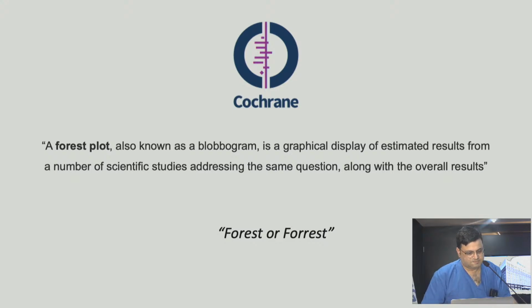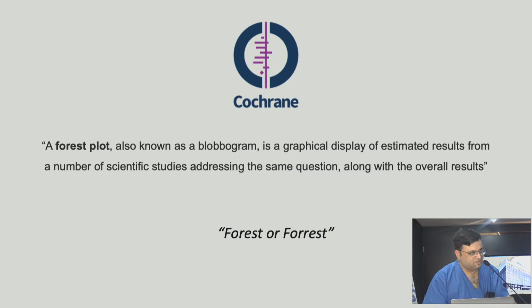if there are different results in different studies. So what's the exact spelling of forest plot? This is somewhat amusing. People have used both spellings, forest, single R, double R. The actual spelling is single R because this represents the forest. But a couple of decades back, somebody made a joke that this was named after a scientist who discovered it, and his name was Forrest.